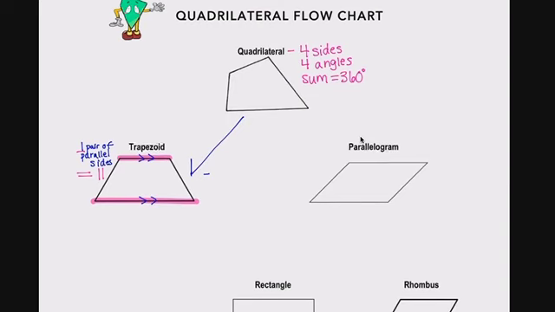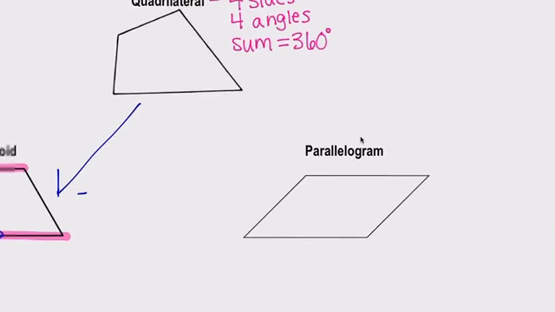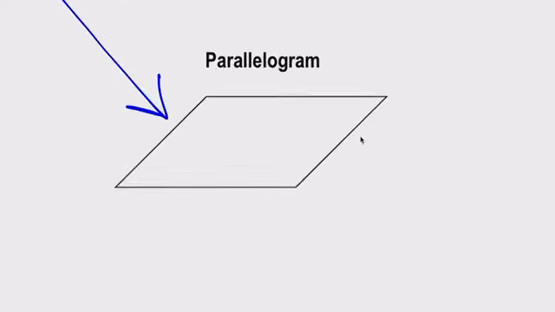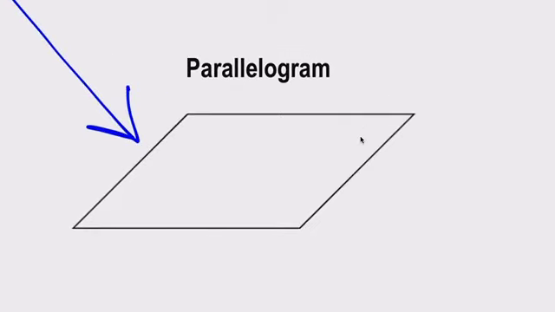Now if we go over here on our flowchart, a quadrilateral could be a parallelogram. A parallelogram, its specific categories are that it doesn't have one pair of parallel sides, it has two pairs.